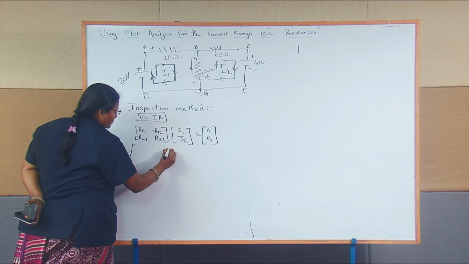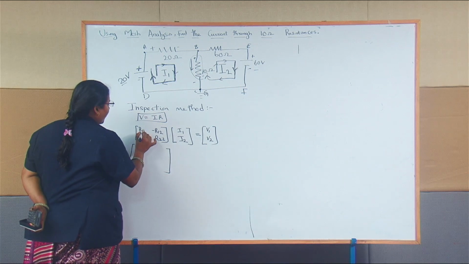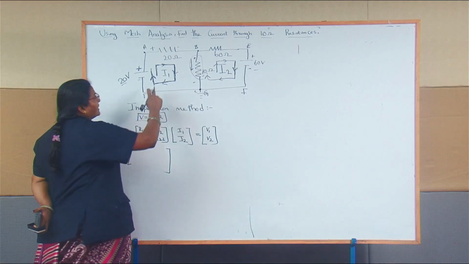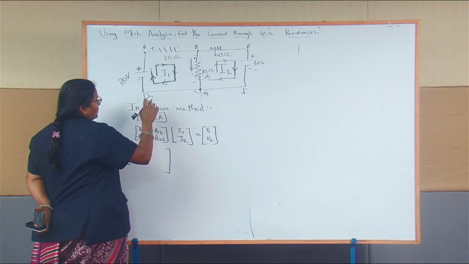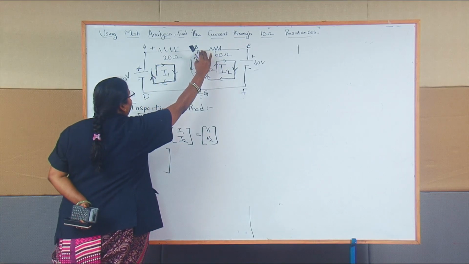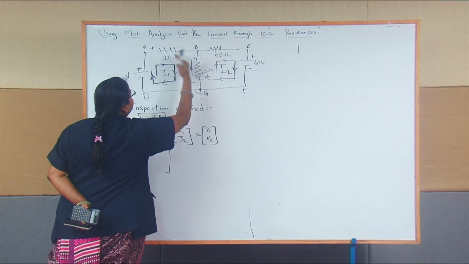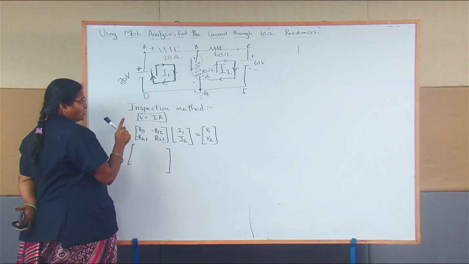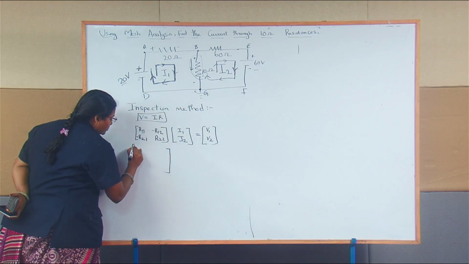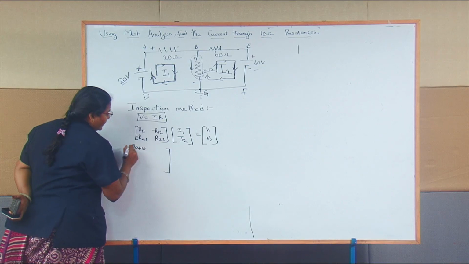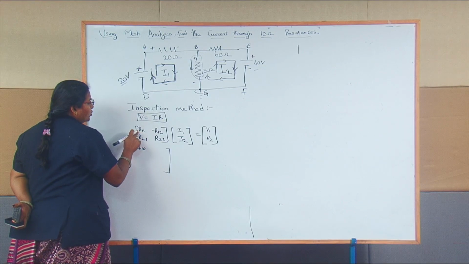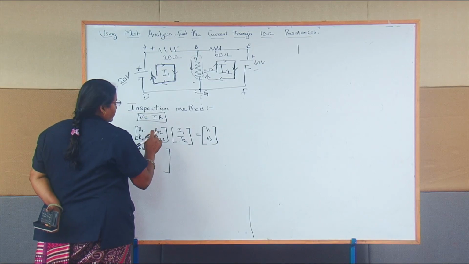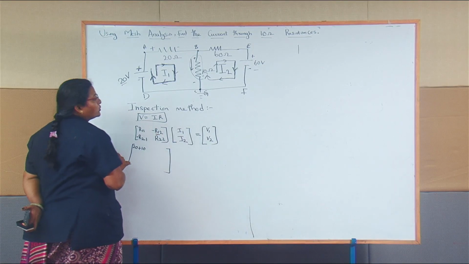Now you have to fill this matrix. R11 means the total resistance present in loop 1, loop 1 alone. So you have to check only this loop. Here 20 ohms is there, 10 ohms is there, so you have to add them. 20 plus 10 is your loop 1 total resistance. Then you have to check R12.